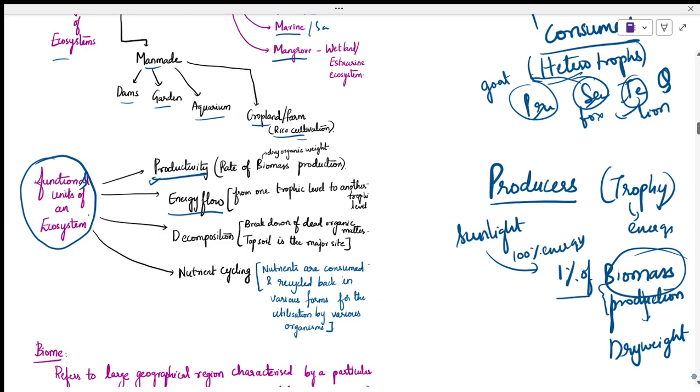Then next is energy flow. After this 1% of biomass is produced, it will be eaten by consumers. So here energy is flowing from sun to primary producers, then to consumers.